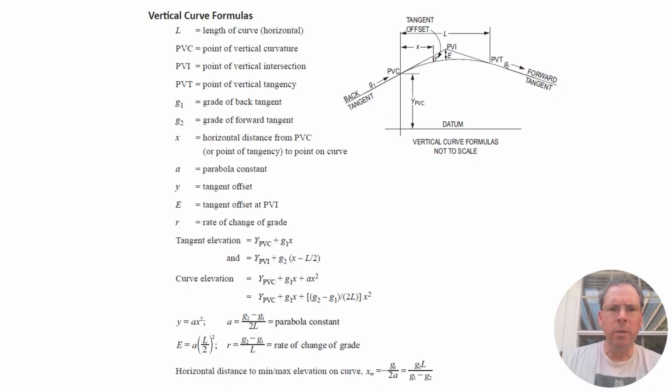You have the grade of the back tangent, and you have the grade of the forward tangent. And then you have these distances, horizontal distance from the PVC, and the constants, and other offsets. Move to the next.